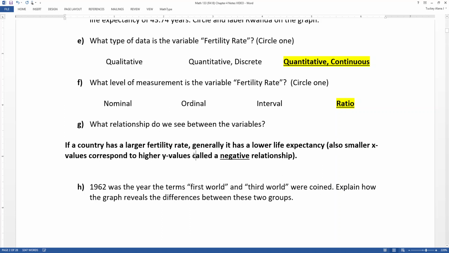This is called a negative or inverse relationship between the two variables. When X goes up, Y goes down, and vice versa.